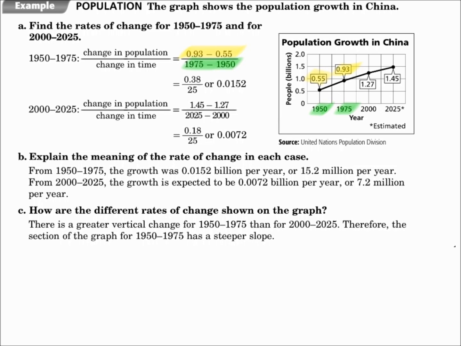For the other group, 2000 to 2025, for the population, 1.45 billion minus 1.27 billion, and 2025 minus 2000. Those fractions will become decimals if you want to make them that. You get 0.0152 for the ratio and 0.0072 for the second ratio.